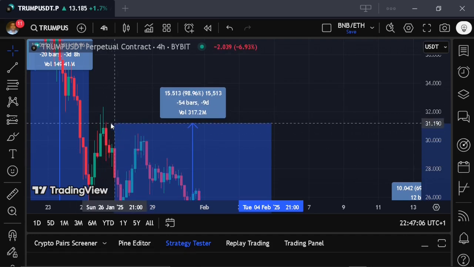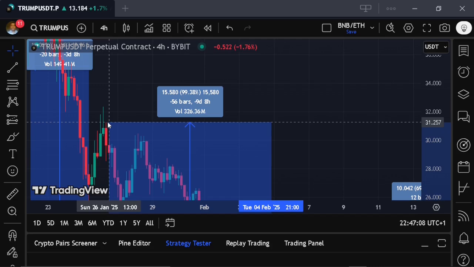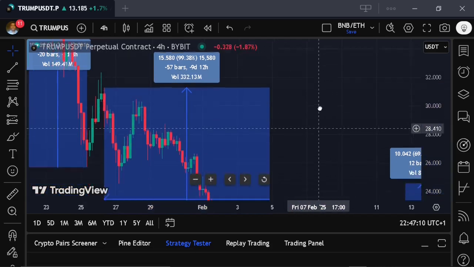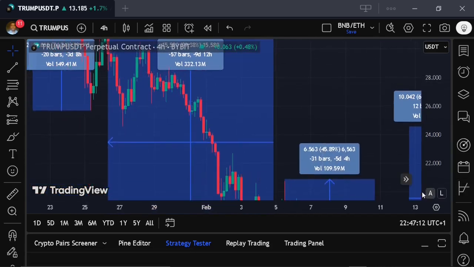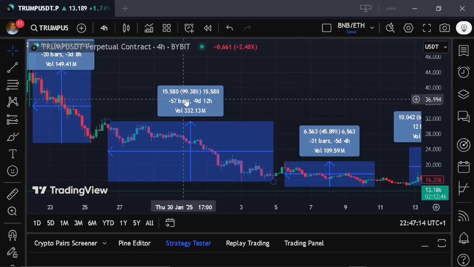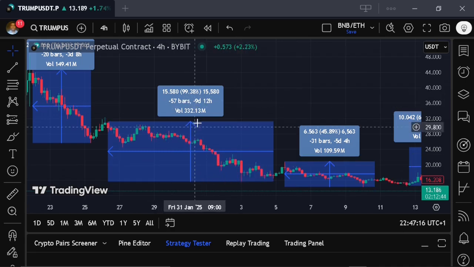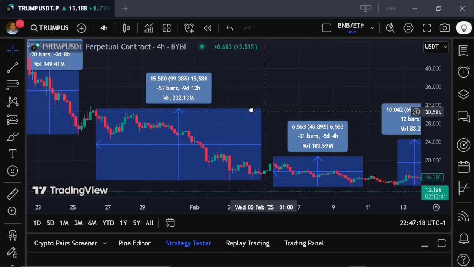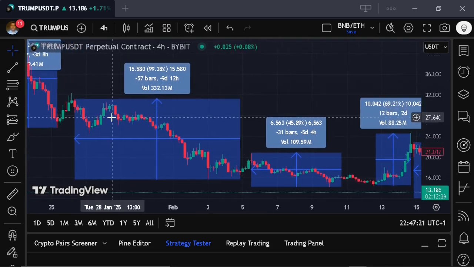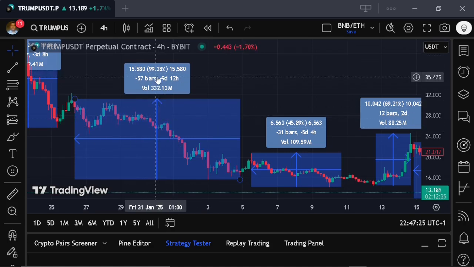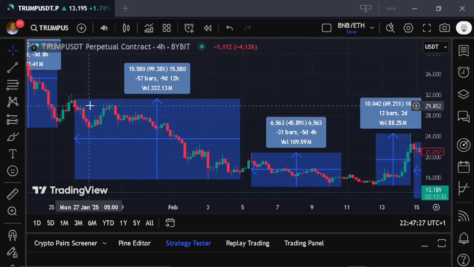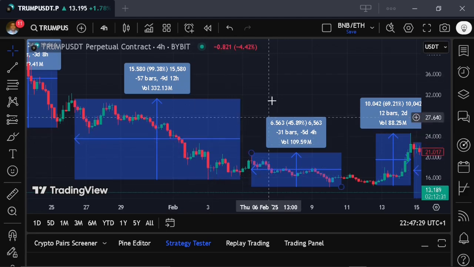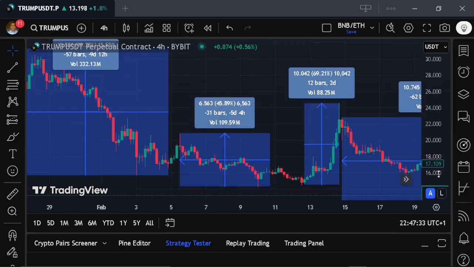From the highest price of this red candlestick bearish trend starter, the price action of this cryptocurrency dipped down to 99.38% in 9 days, 12 hours. And the best part, you would have made over 80% profits if you were to short trade this cryptocurrency on this bearish trend section. With that, let's move on to the next session.